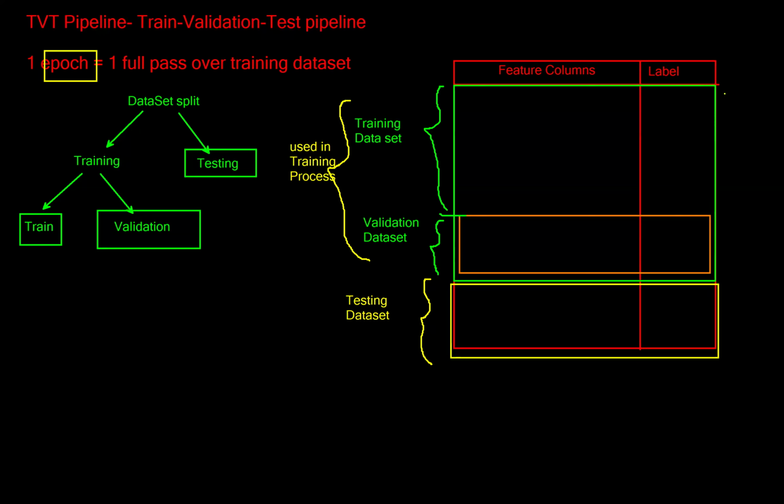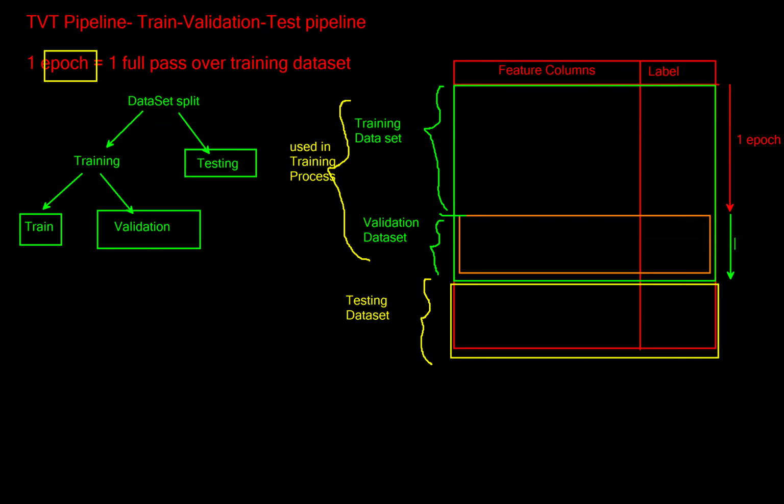So what happens in the first initial pass? It will go and read the training data set once. This is known as one epoch. After one epoch, the next thing is that it will do a complete pass on the validation data set.